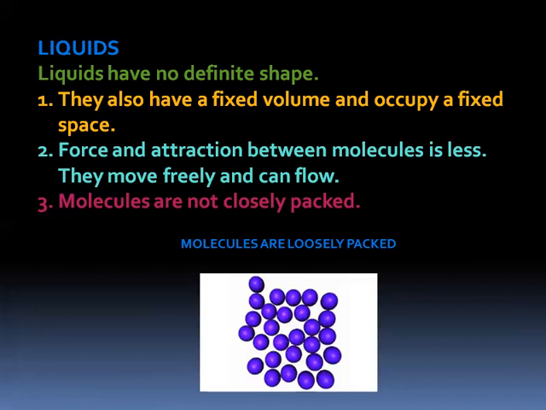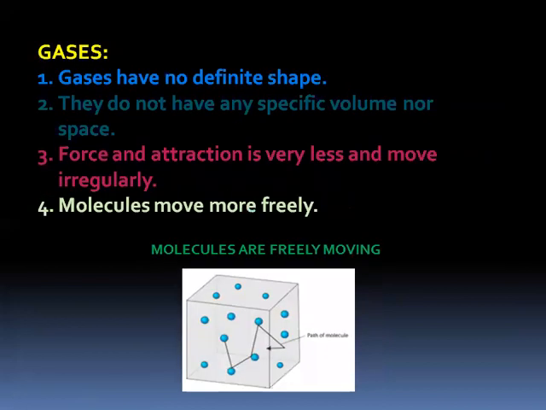Now we'll go to gases. You see the molecules, how they are arranged. They are very free, far apart. So they don't have any definite shape. Gases do not have shape. They do not have any specific volume.